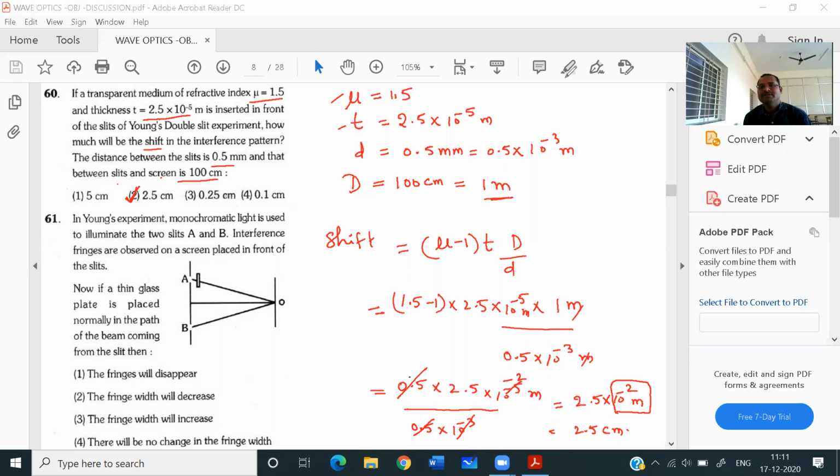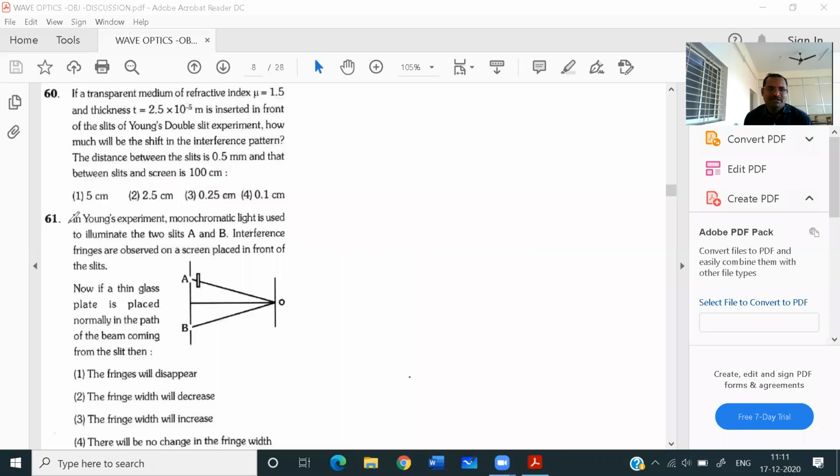Now, next question number 61. I am going to question number 61 now. See, question number 61: in Young's experiment, monochromatic light is used to illuminate two slits A and B. Interference fringes are observed on the screen placed in front of the slits.